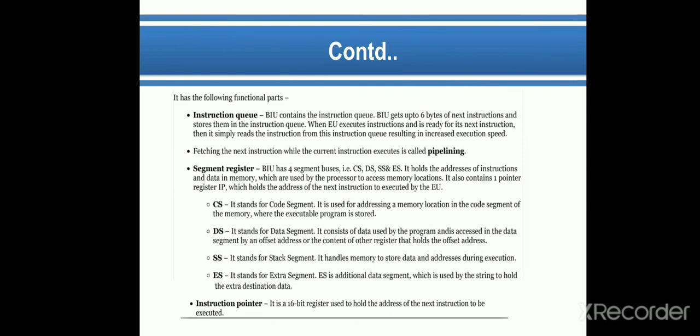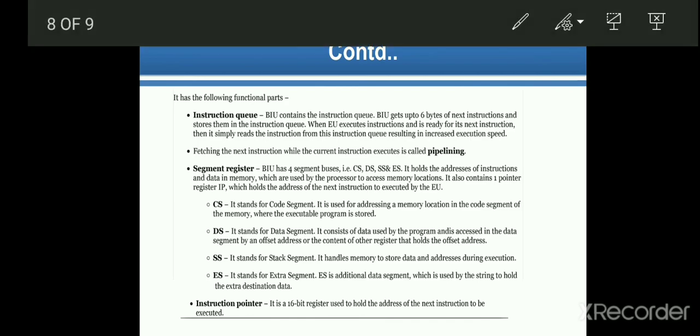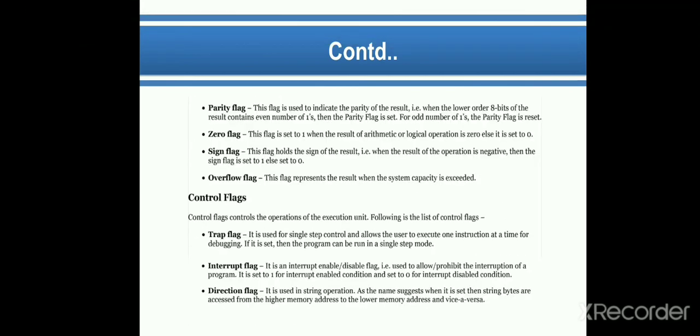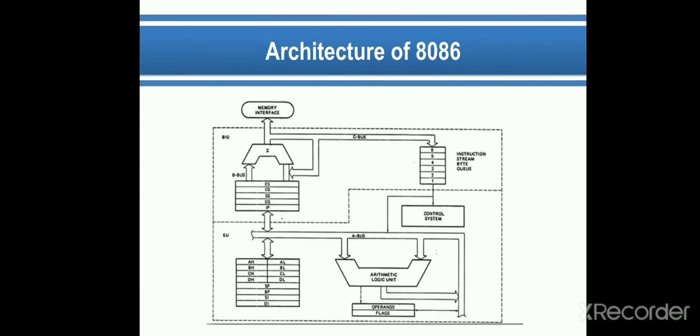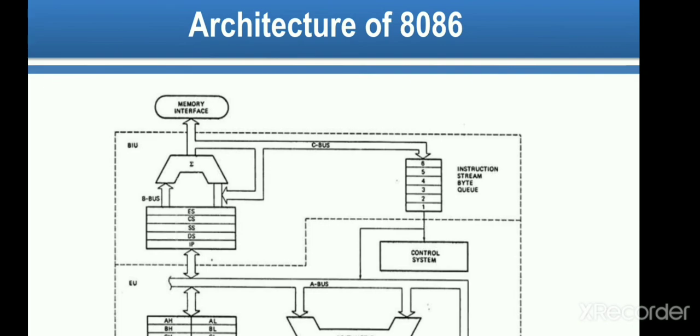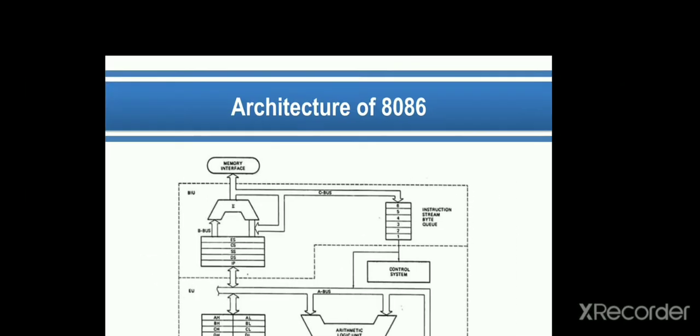Now it has some functional parts. First of all, the instruction queue. The BIU contains the instruction queue. The BIU gets up to 6 bytes of the next instructions and stores them in the instruction queue. We can see in the architecture this 1 to 6 instruction queue.